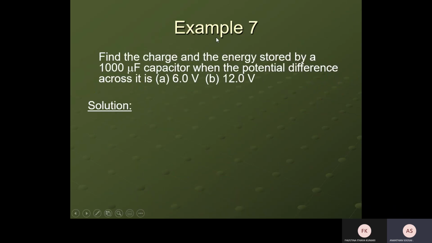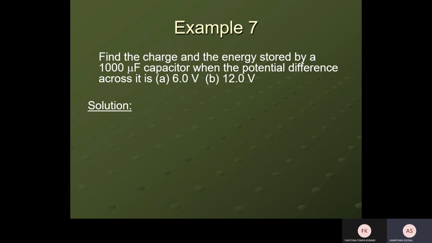So one example. Last slide for today. Find the charge and energy stored by a 1000 microfarad capacitor. The potential difference across it is 6 volt, 12 volt. So think about what formula comes in.